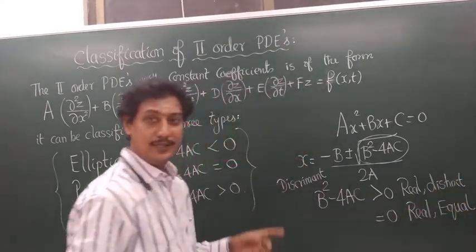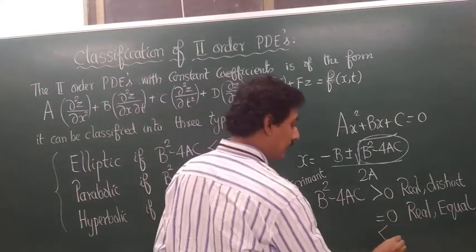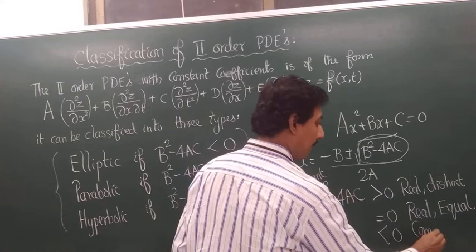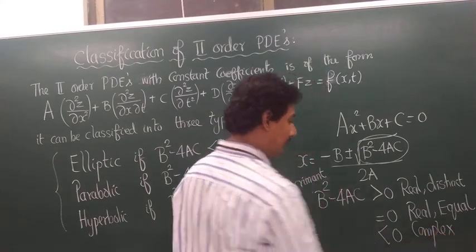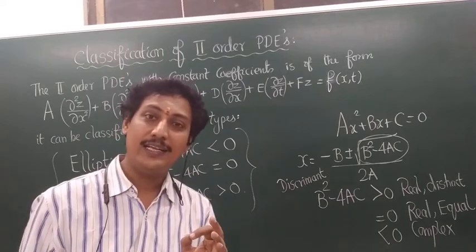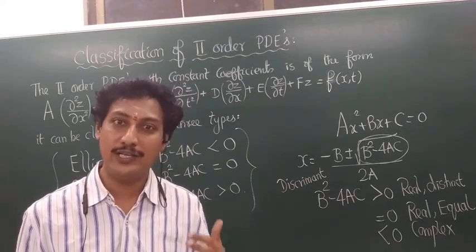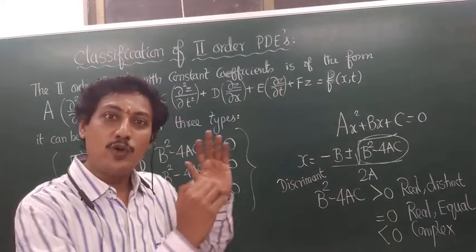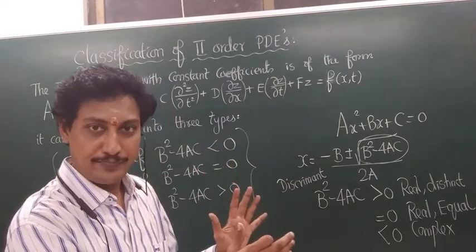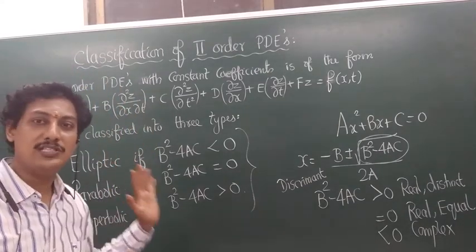Suppose the b squared minus 4ac discriminant value is negative, then the roots are complex. So the nature of the roots depends only on this discriminant value b squared minus 4ac. The same concept I am going to use in the classification of second order partial differential equations.